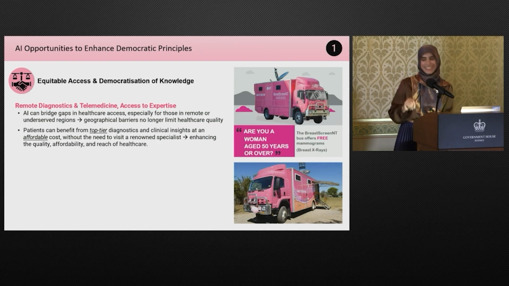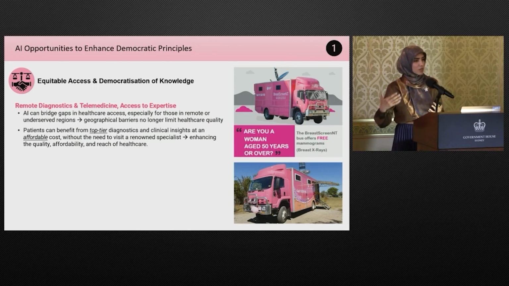This is Millie, the BreastScreen Northern Territory bus, which takes mammography screening into remote areas for over 1,000 women across over 20 different Aboriginal communities. And imagine a future where these women would have access to the best diagnosis of their mammography images right within their communities with no cost.